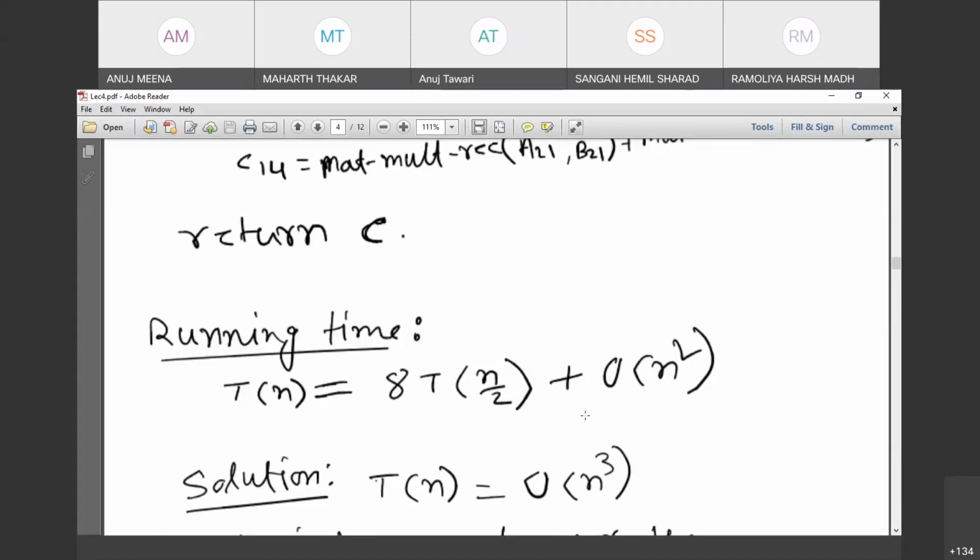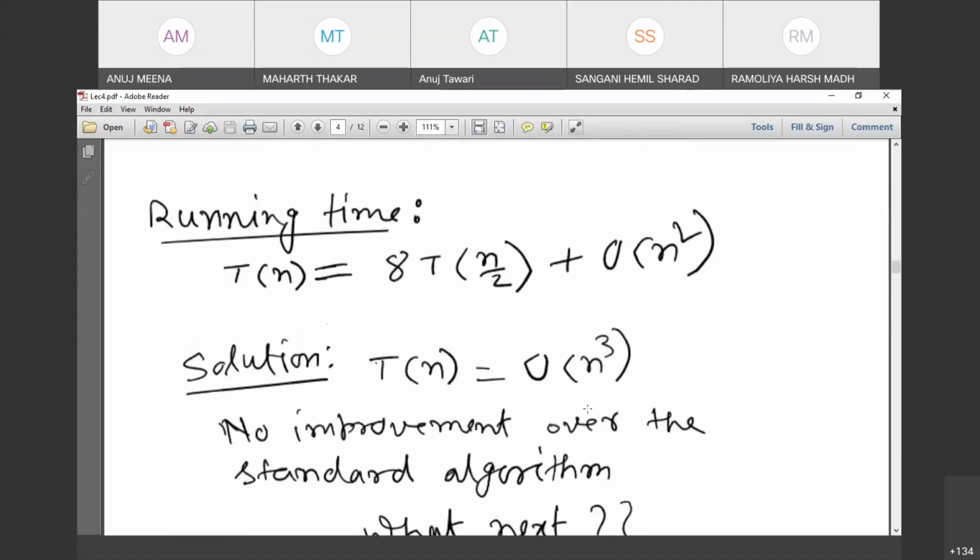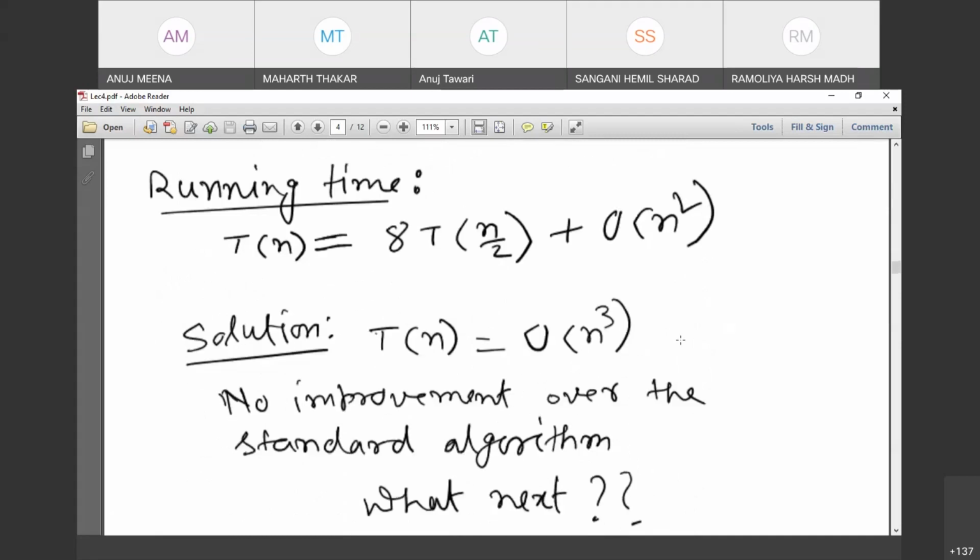Very easy to see. So we have not got any improvement. Initially, the brute force approach, where we just expanded out the matrices, also took n cubed time. This also took n cubed. So what other divide and conquer things can we do?